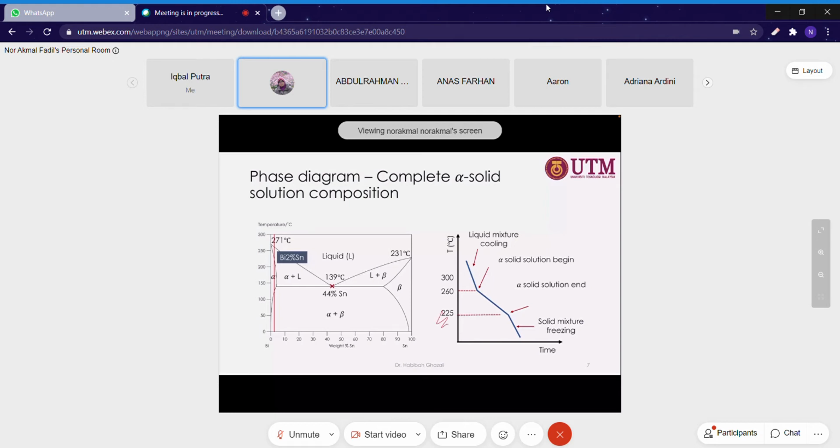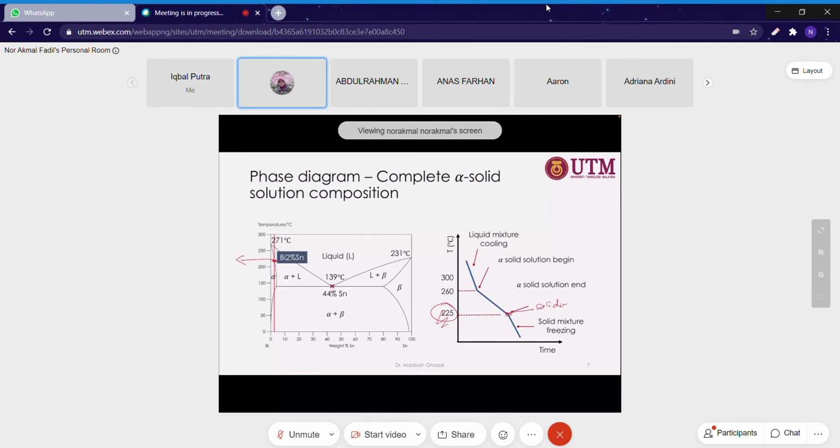Okay, right. So this temperature is actually the temperature at this point. This point falls on the solidus line. This is the solidus limit.